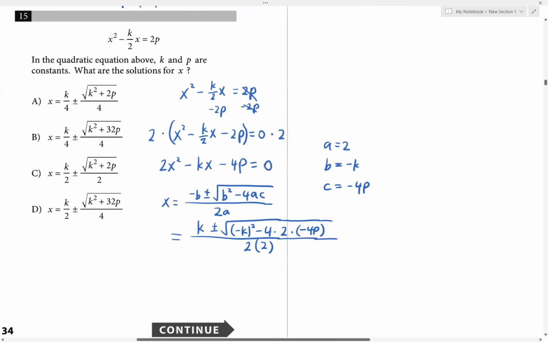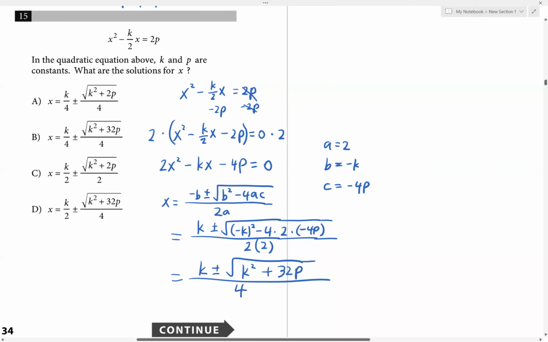So this is k plus or minus the square root of negative k squared, which is negative k times negative k. The two negatives cancel, we get positive k squared. And then negative 4 times 2 is negative 8, times another negative 4 is positive 32p, and that all over 4.